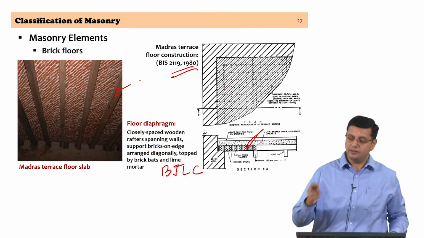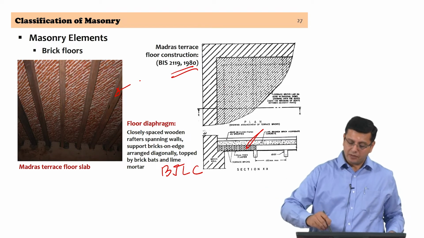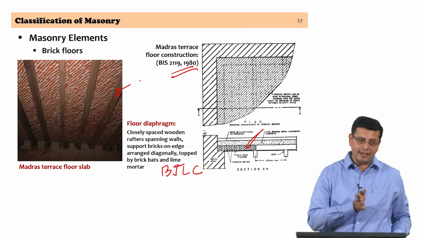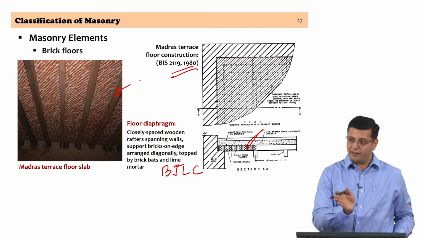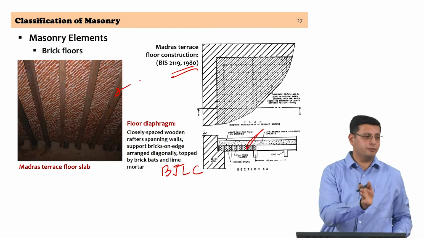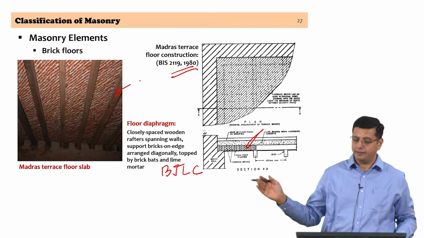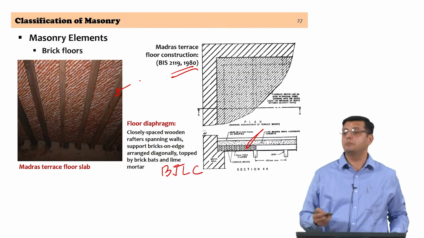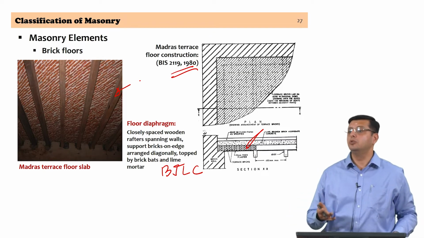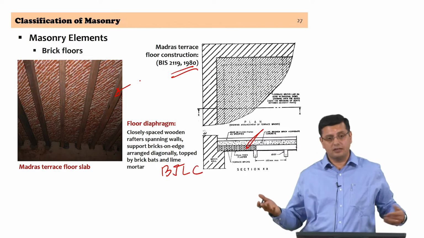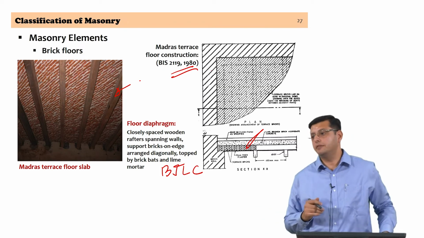Once the timber rafters are placed, the brick on edge is laid in a diagonal fashion, starting from one corner of the room that is being spanned across to the other end, and this is typically carried out without the use of any props or scaffolding to hold up the floor system.